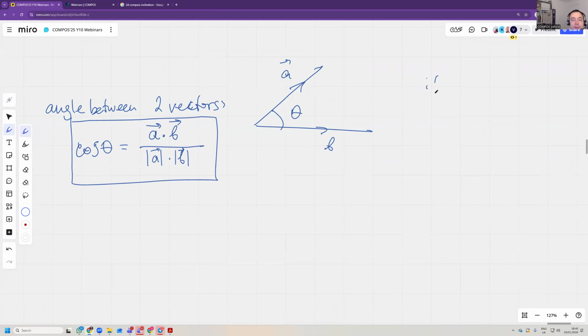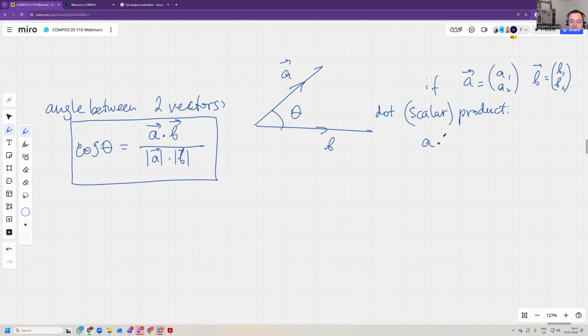Just to remind you, the scalar product, or the dot product: if vector A is (A1, A2) and vector B is (B1, B2), then the scalar product A times B is equal to A1 B1 plus A2 B2.